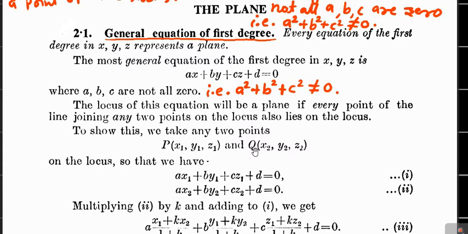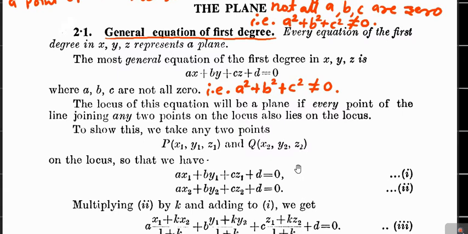And similarly for the point Q, we will get ax2 plus by2 plus cz2 plus d equal to 0, and we denote that by equation number 2. So as the points P and Q lie on the locus, they satisfy the equation of the locus, and therefore we have obtained equations 1 and 2.